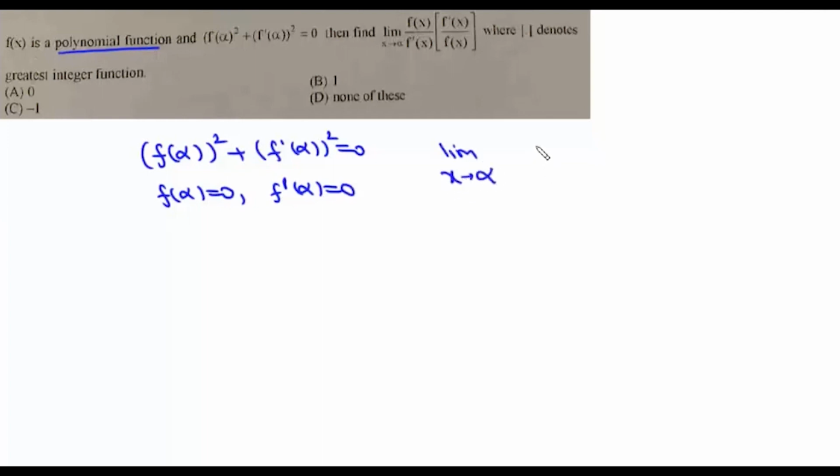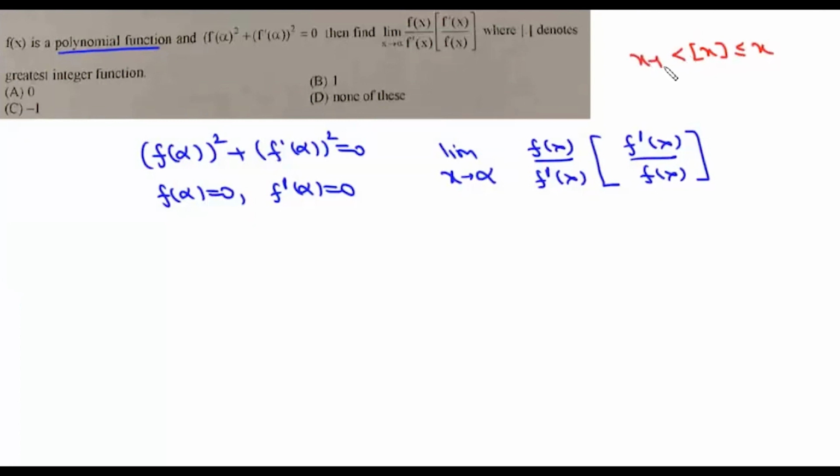We need to find this limit, which is the limit x tends to α of f(x) upon f'(x) times the greatest integer function of f'(x) upon f(x). Now we know that any greatest integer function of x is always less than or equal to x, and it is strictly greater than x minus 1.